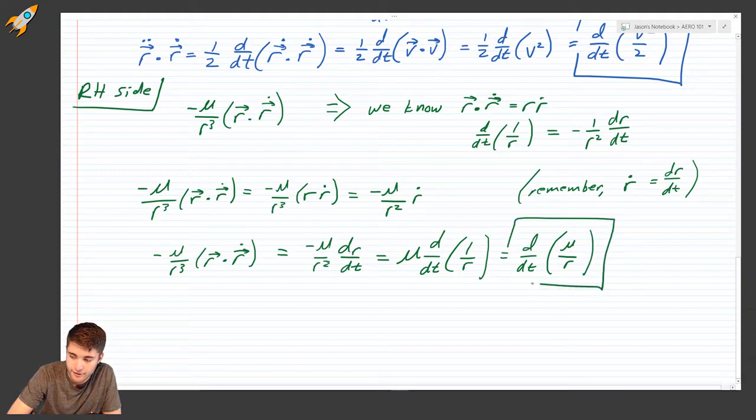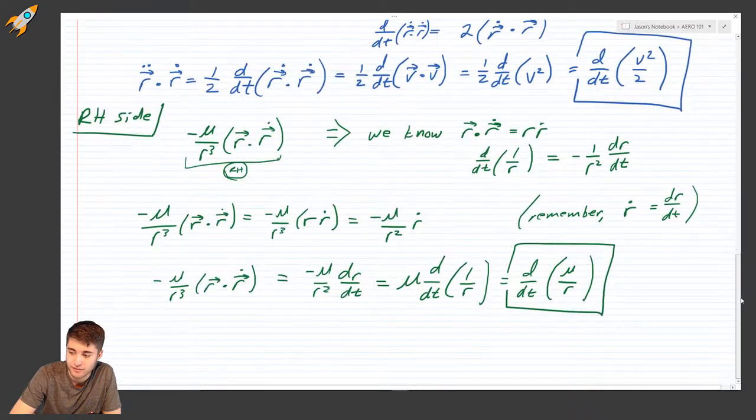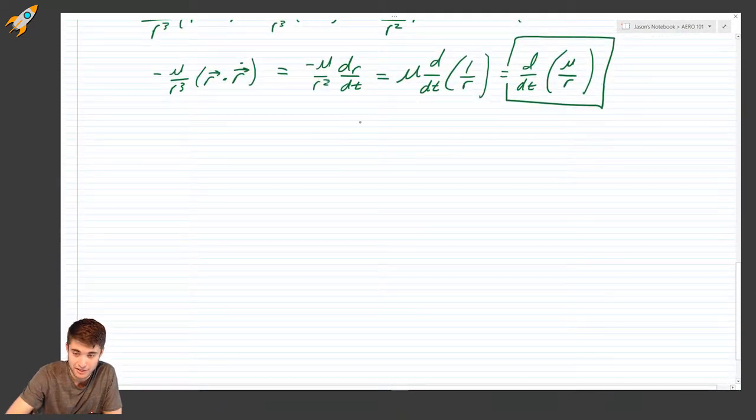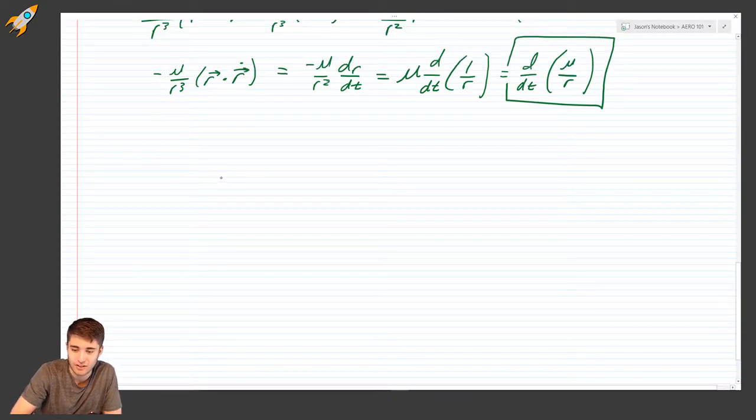This is exactly equal to the right-hand side of the equation. And we have something that's also exactly equal to the left-hand side. And they're at the same exact level.